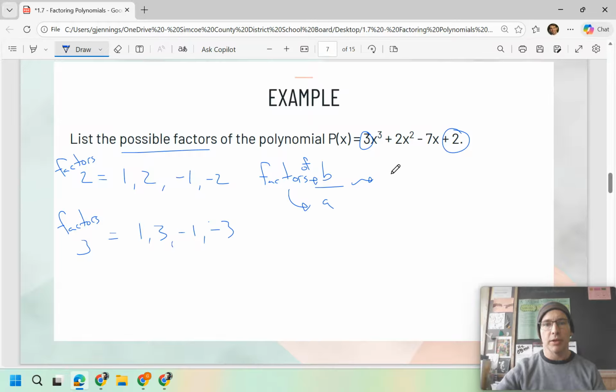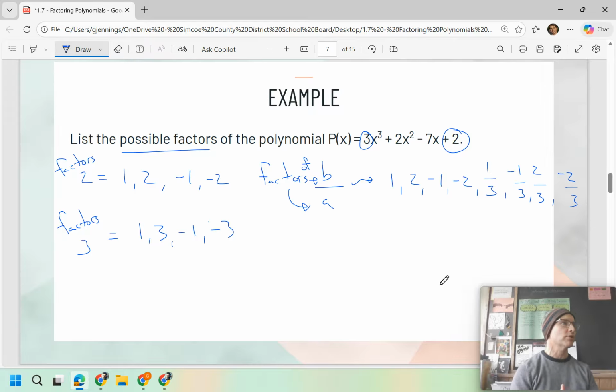We might have something like 1, 2, -1, -2, 1/3, -1/3, 2/3, and -2/3 as the different factors that might emerge from this polynomial.